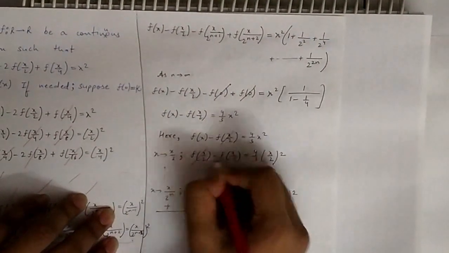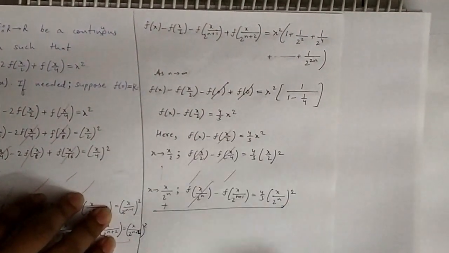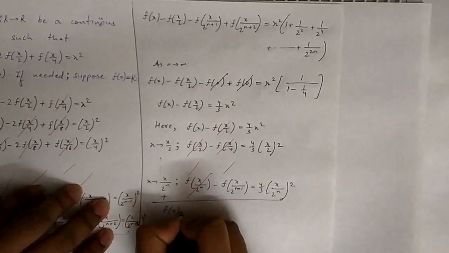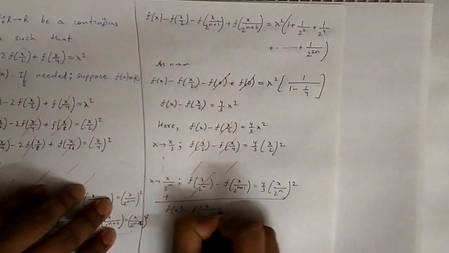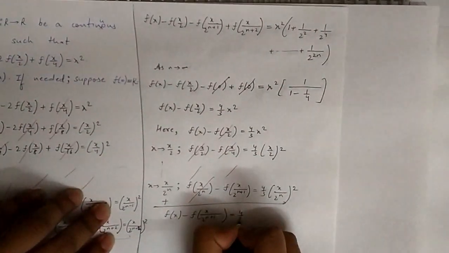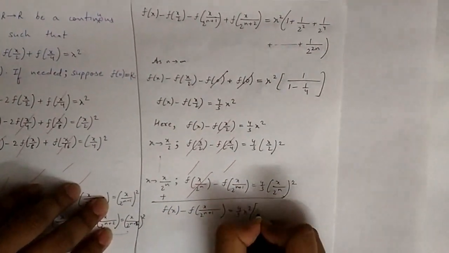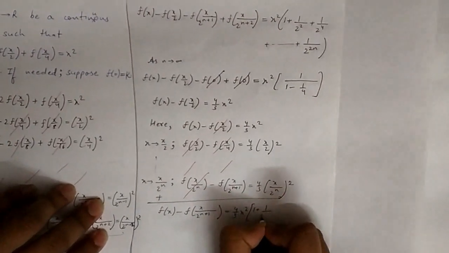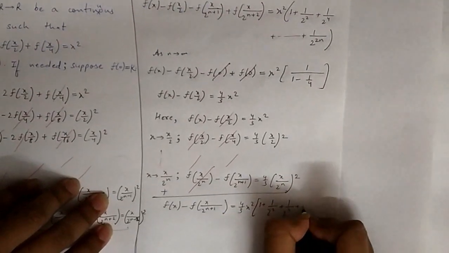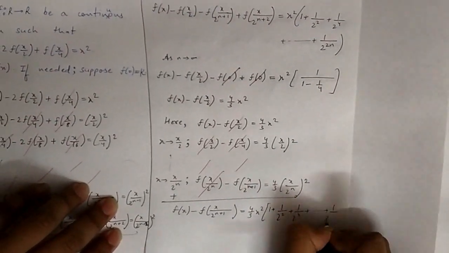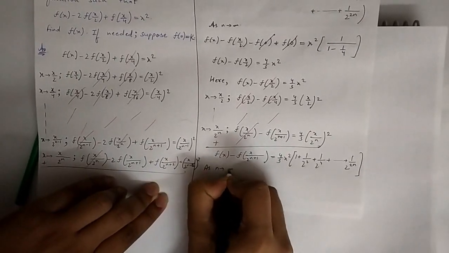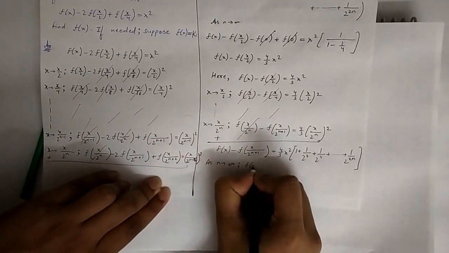So we get, after cancelling the terms, f of x minus f of x upon 2 to the power n plus 1, and we are taking 4 by 3 x square as common, and again we get the same GP as we got above. So here it is an infinite GP. Okay, so here also n is tending to infinity, so x upon 2 to the power n plus 1 will tend to 0.